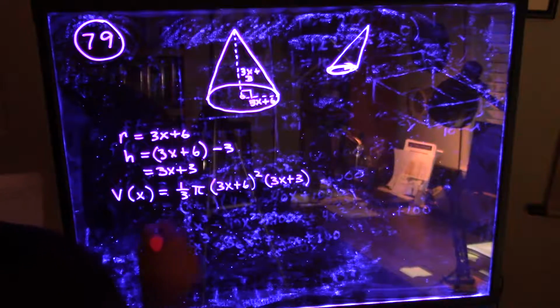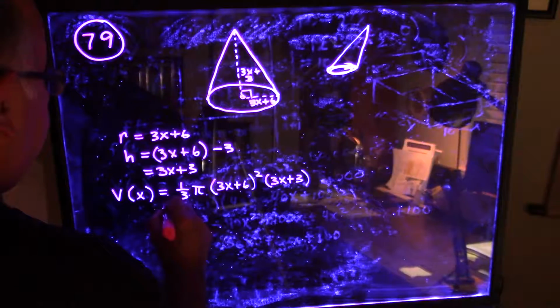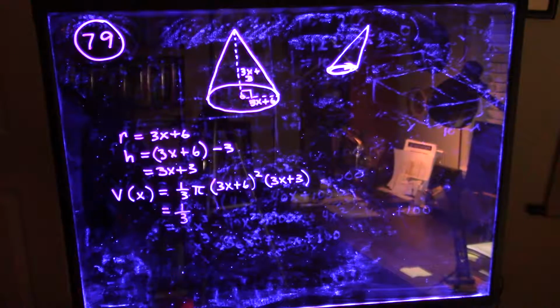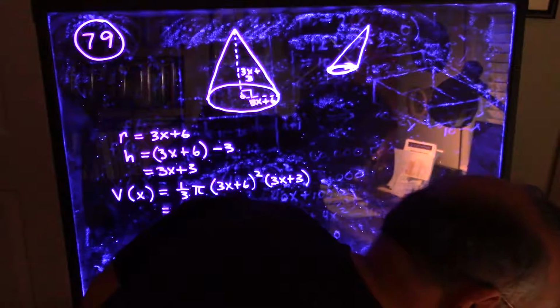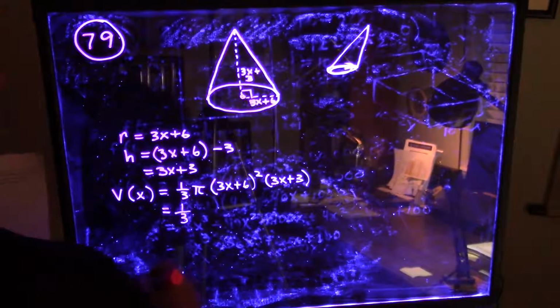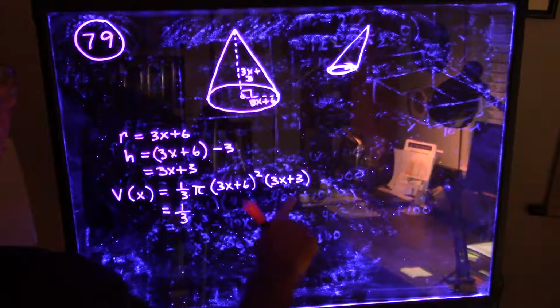So now there's some simplifying here. Basically, this is the complete formula. The rest of this involves just simplifying, but here you're essentially done.